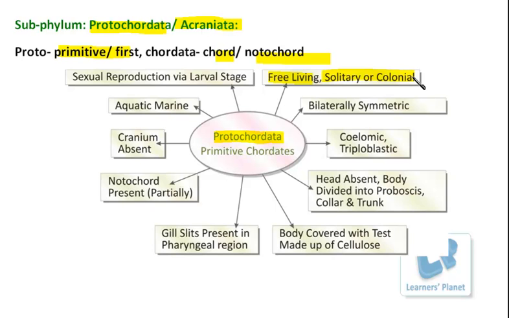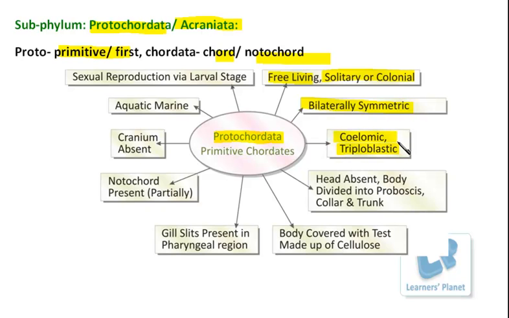Fine. Besides that, an important feature is that they are all bilaterally symmetric. I hope you understand the term very well now because we are repeatedly studying it. The body of these organisms can be divided into two equal halves from a vertical plane. Fine. Besides that, they are coelomic triploblastic.